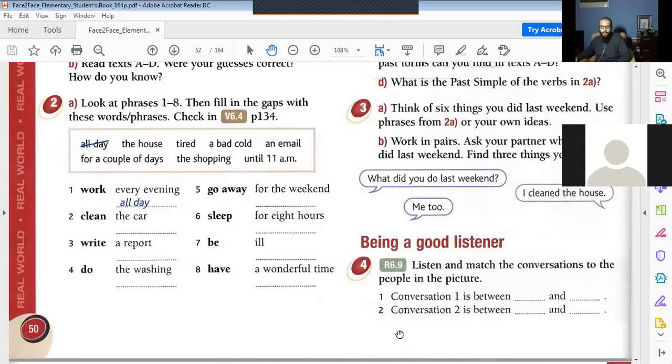Recording 6.9. Conversation 1. Hi. How was your weekend? Oh, terrible. I was really ill on Saturday. Oh dear. What was wrong? I had a really bad cold. Oh, what a shame. Are you okay now? Yes, much better, thanks. And how was your weekend? Oh, very quiet. I stayed at home.